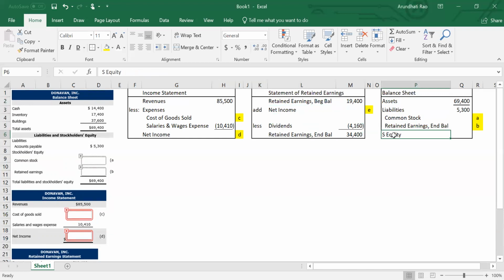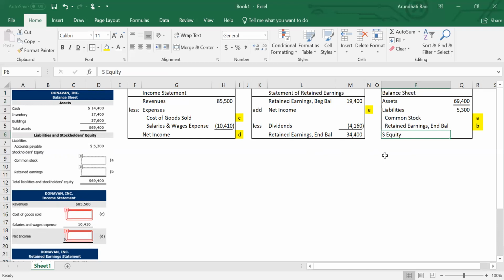In this case, we have not been given the stockholders' equity, nor have we been given retained earnings, nor was total stockholders' equity given. So what was given in the problem is total assets, liabilities, and total liabilities plus stockholders' equity, which we already know has to be the same number as the total assets.